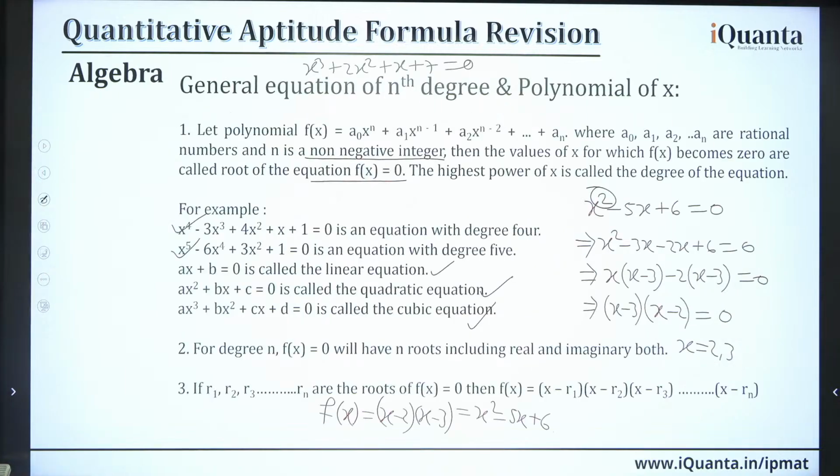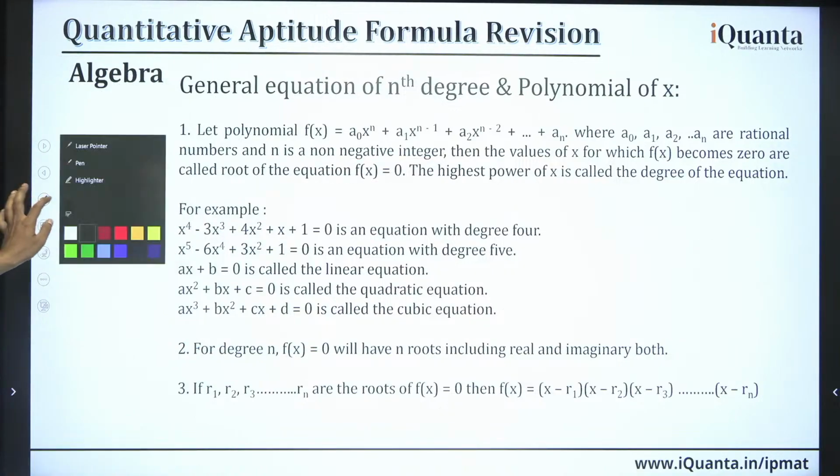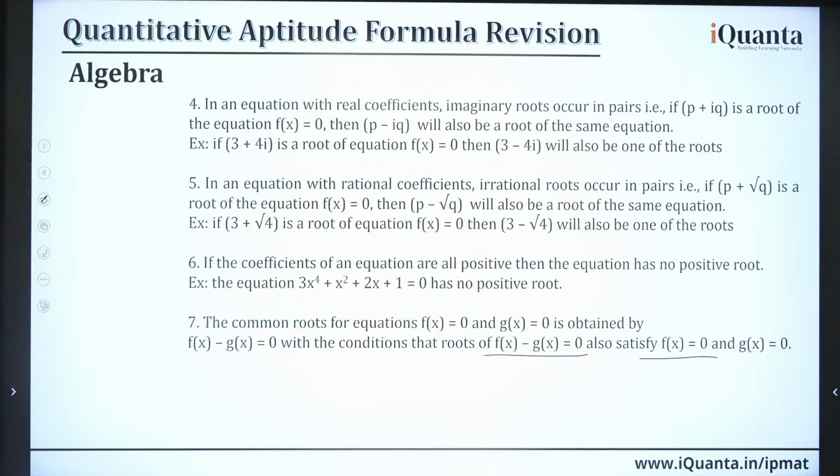Okay, then general equation. We learned about the general equation of nth degree and polynomial of x and the details about the roots, the properties of roots, okay, which is this. And then come some examples I gave you, that how do you find the equation if roots are given.